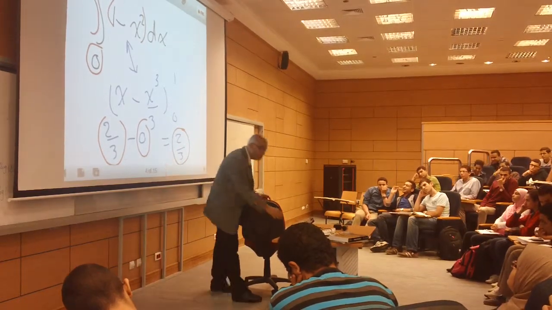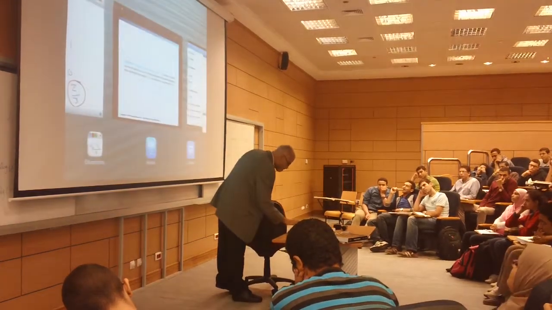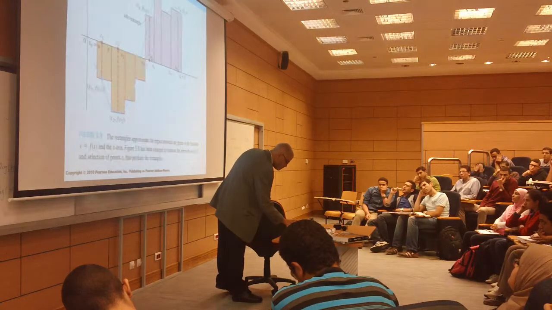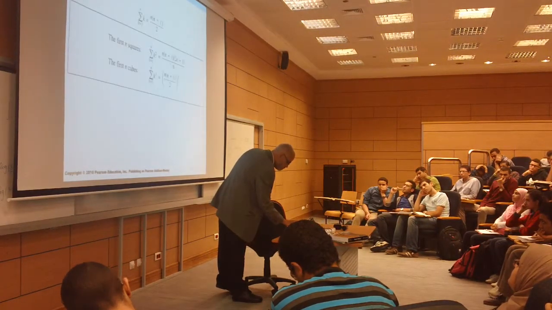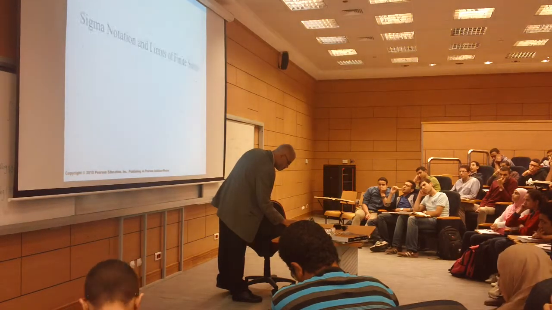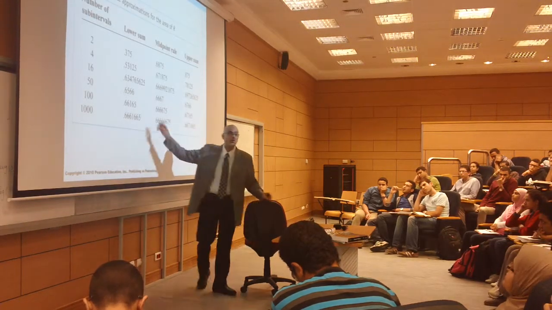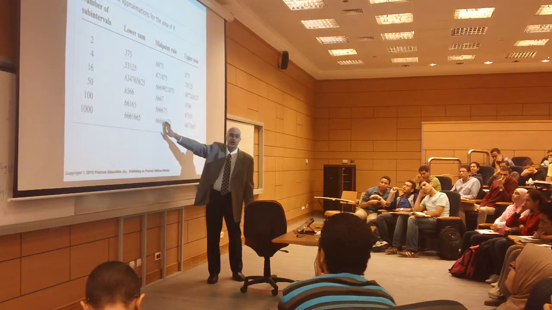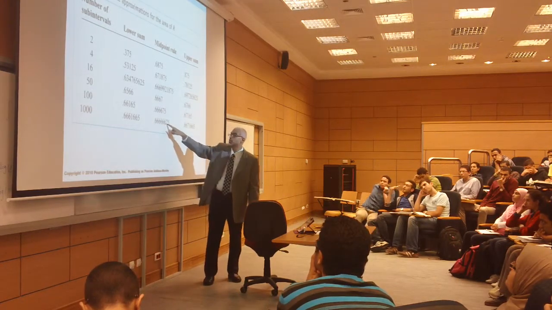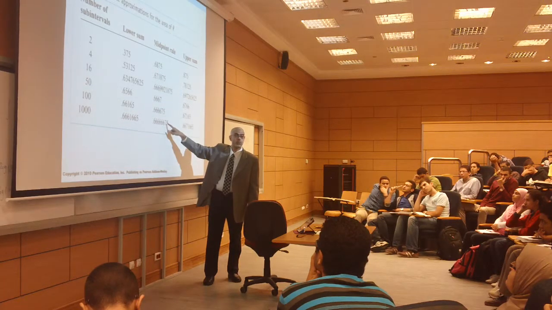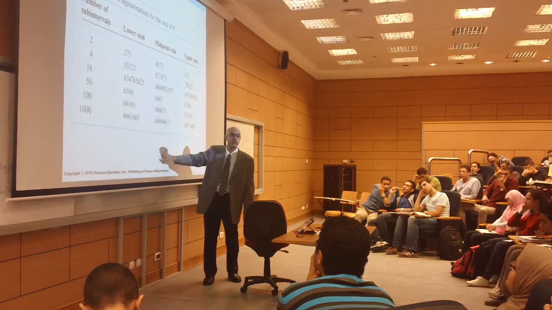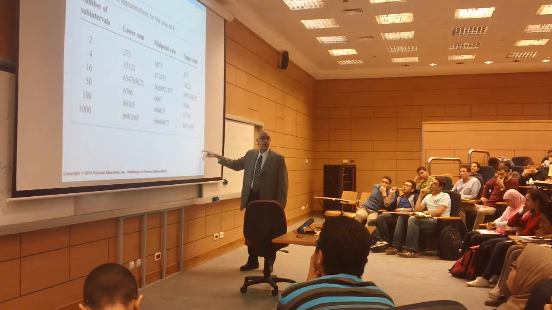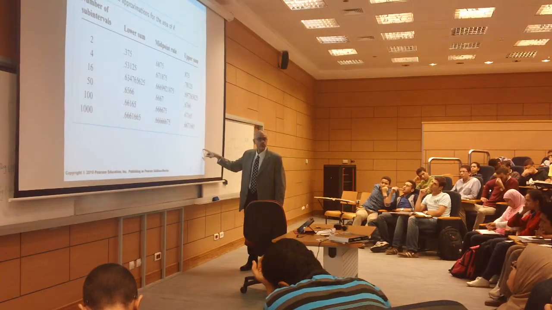And when I went to the, this is addition of rectangles. Okay, at 1,000 rectangles, this is 0.66. If I reach 1,000,000 rectangles, it will be 0.6666. Okay, that is 2/3.